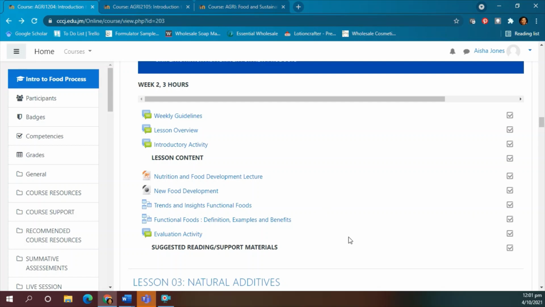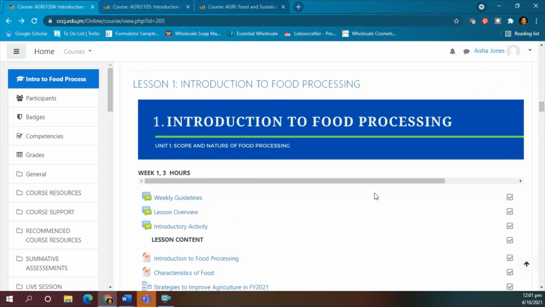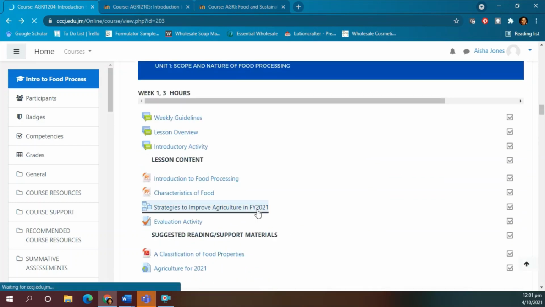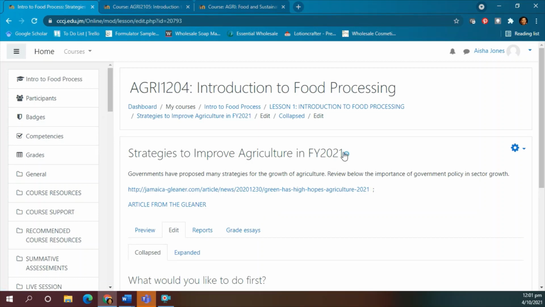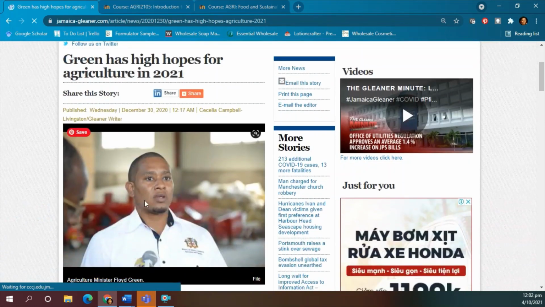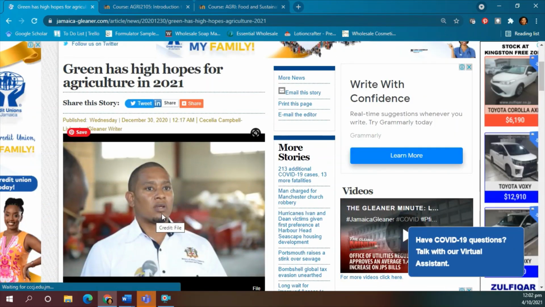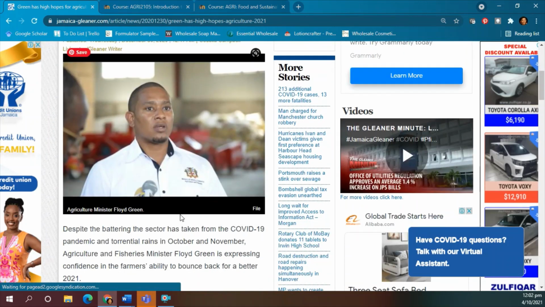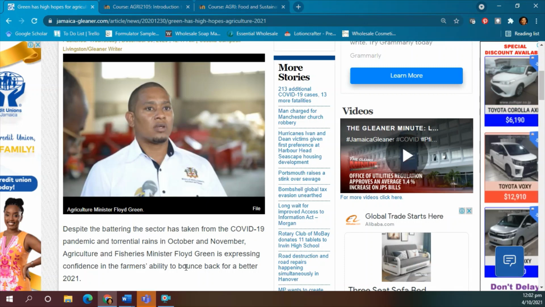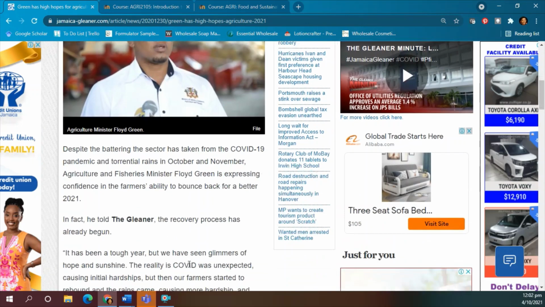So for example, let's go back to lesson 1, and in lesson 1, here is a website that speaks to the strategies to improve agriculture in financial year 2021. It is an article from the Gleaner. If the students click on strategies to improve agriculture in financial year 2021 and they click on the article, they will see some general policies that were set late last year on how agriculture can position itself considering the effects of the COVID-19 pandemic.